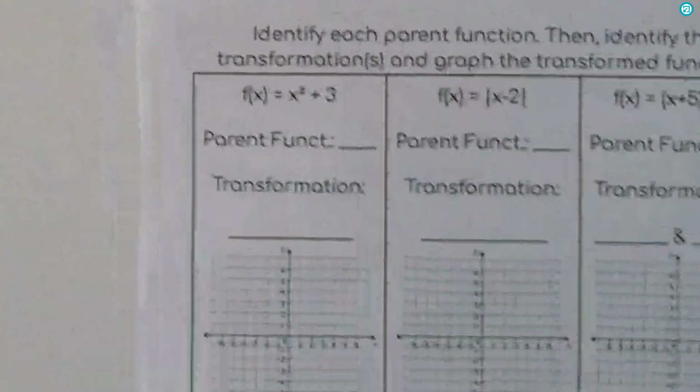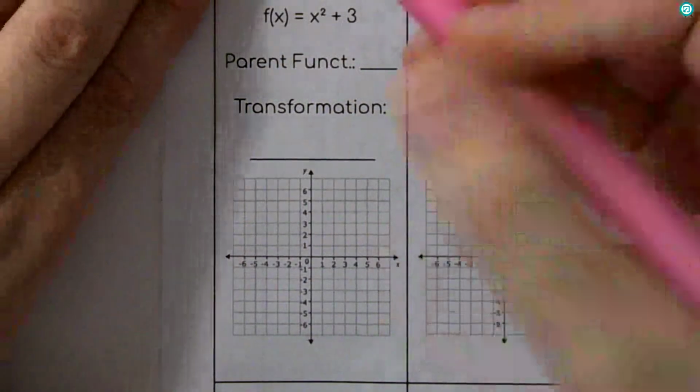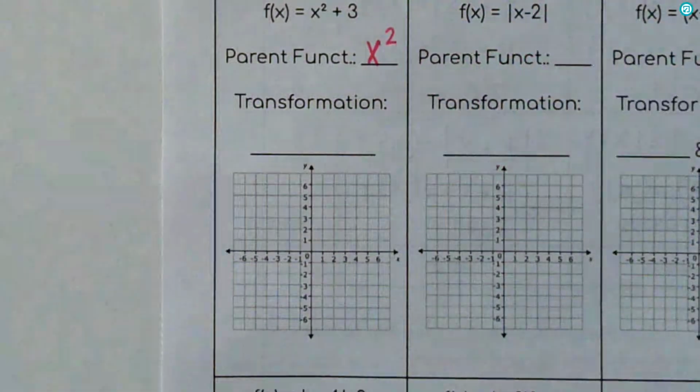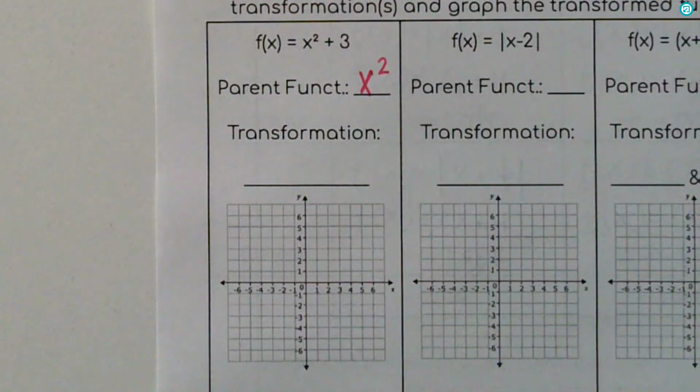So zooming into this first one, we've got f of x equals x squared plus 3. To find your parent function, you just want to ignore anything that's being added or subtracted. So this parent function is x squared. Then you want to see what's being added and subtracted and where it is.